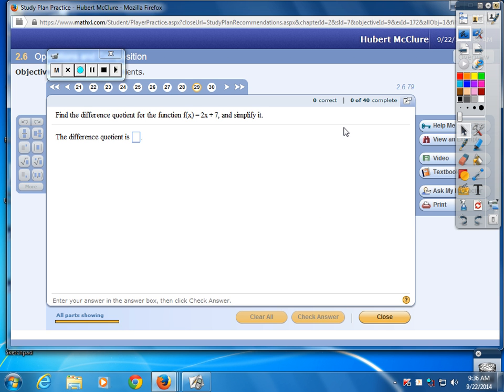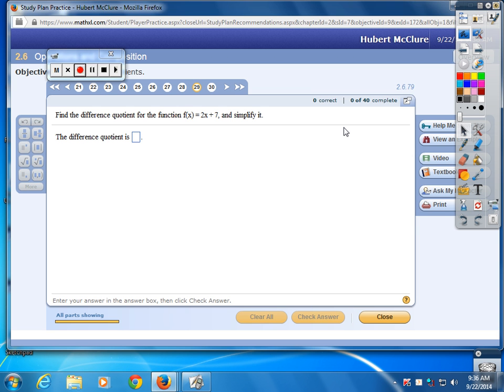Okay. Well, let's go ahead and look at this one. It says f of x is equal to 2x plus 7. So the first thing you want to do is write down the difference quotient, and basically do what the difference quotient says.